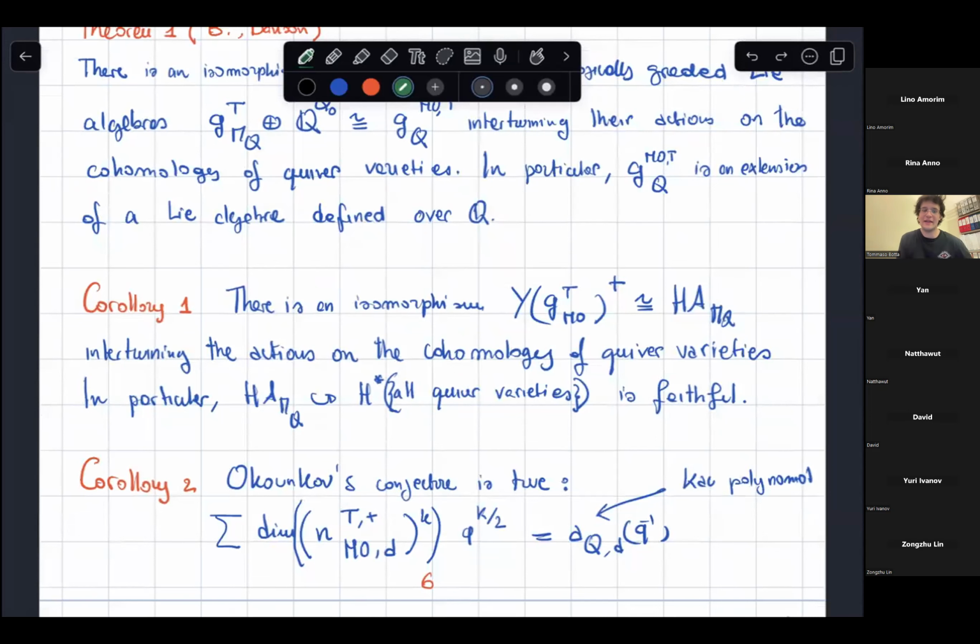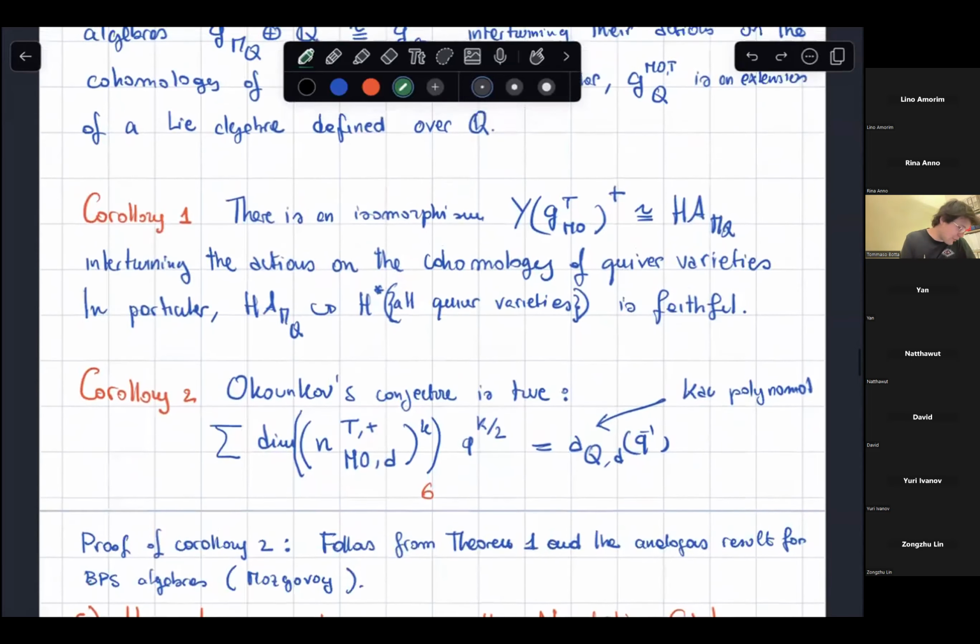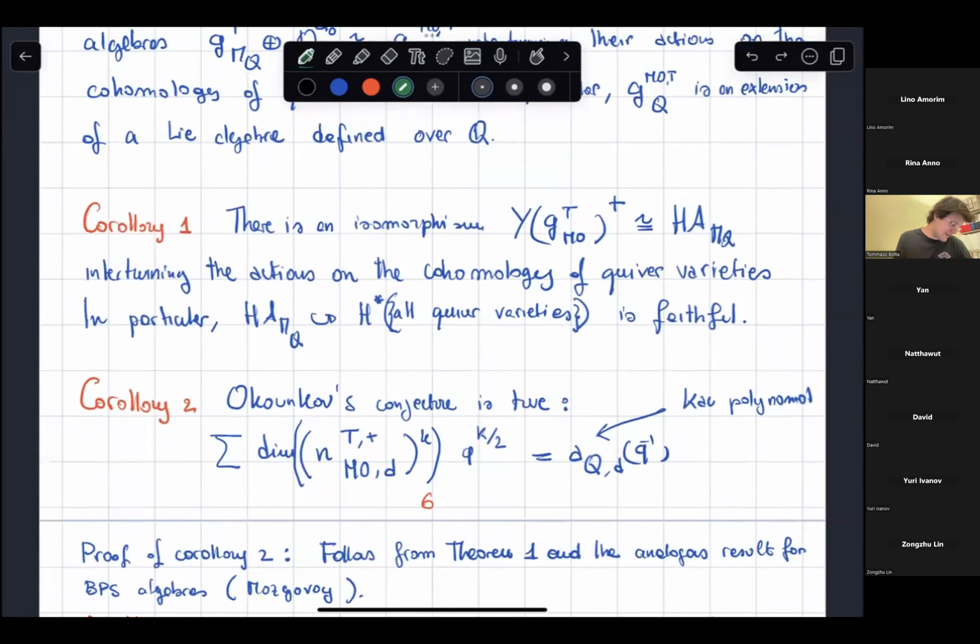The way this corollary follows from our theorem is that the result was known for the BPS Lie algebra. I think this was originally due to Maulik-Okounkov. And since it was known for the BPS Lie algebra, and we know that the BPS Lie algebra is the same as the Maulik-Okounkov Lie algebra, then the result follows.